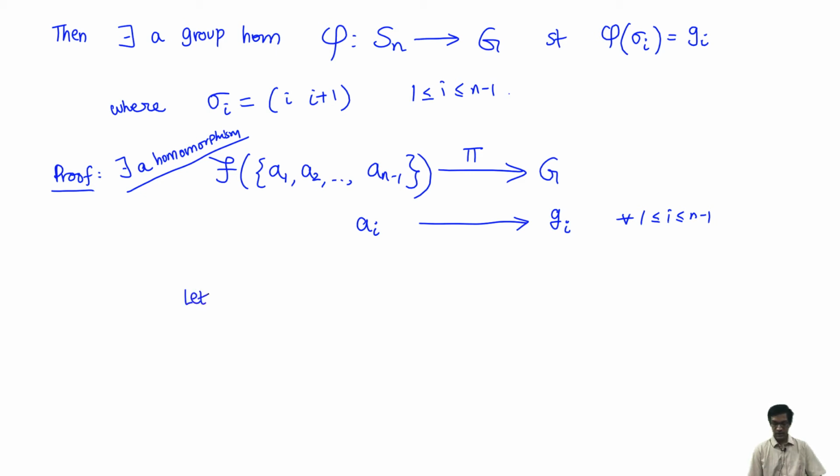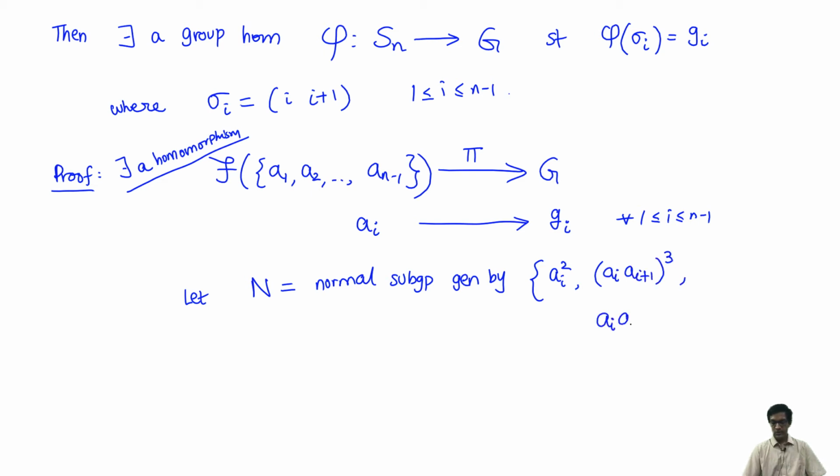So let N be the normal subgroup generated by the set ai squared, (ai a(i+1)) cubed, (ai aj) squared. Here I'm just suppressing the ranges for i and j, but we've looked at this before.